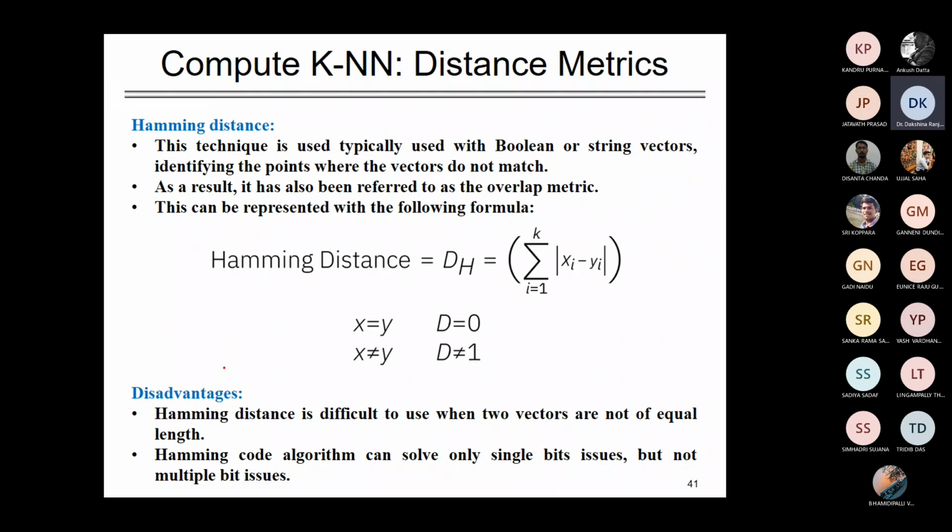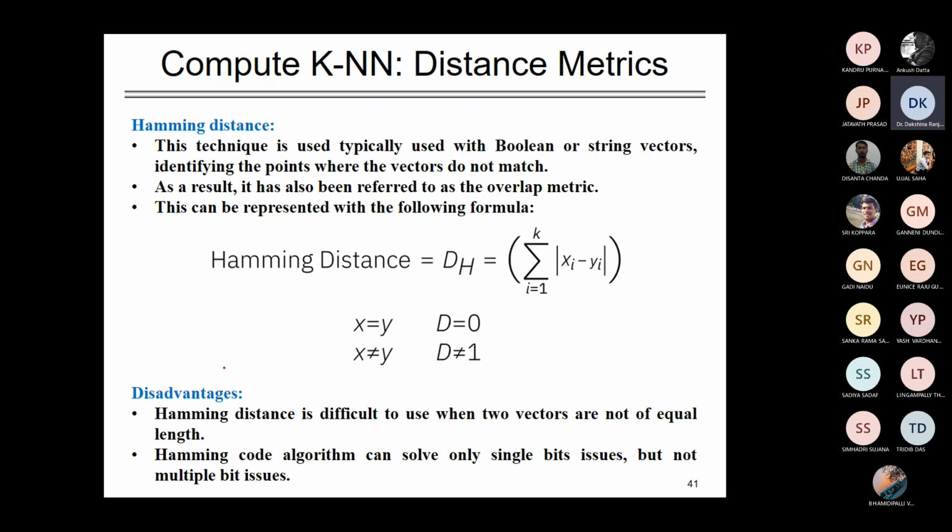Now what are the drawbacks of this distance matrix? The Hamming distance is found to be difficult to use when two vectors are not equal length. So this is one of the major problems with Hamming distance. We cannot apply this Hamming distance on two different vectors of unequal dimensions.